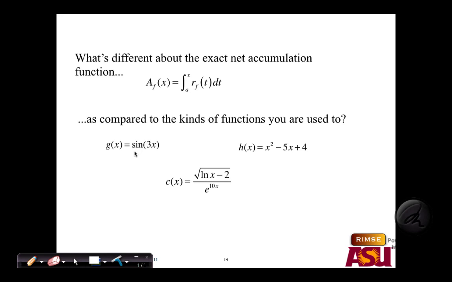But these down here have a finite number of calculations involved in evaluating them for any value of the independent variable. One up above has essentially infinitely many computations involved.